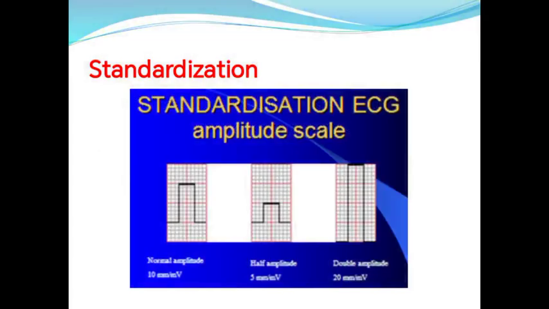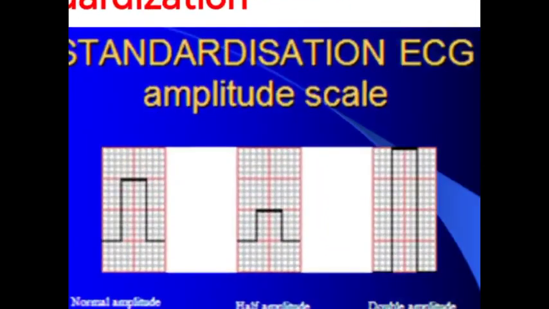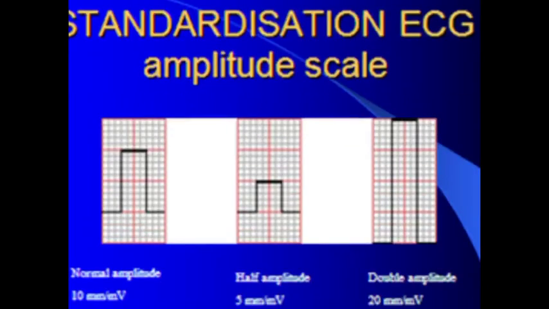Here, you see the first box on the left. This is well standardized; this covers two big squares. That means this is 10 millimeters per millivolt.